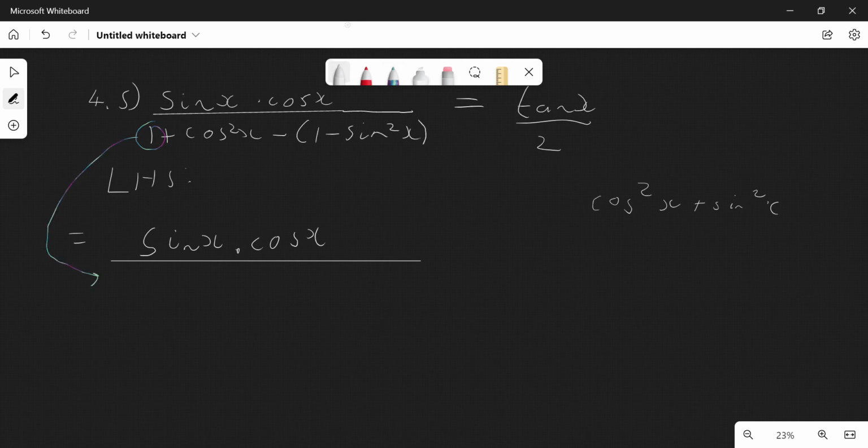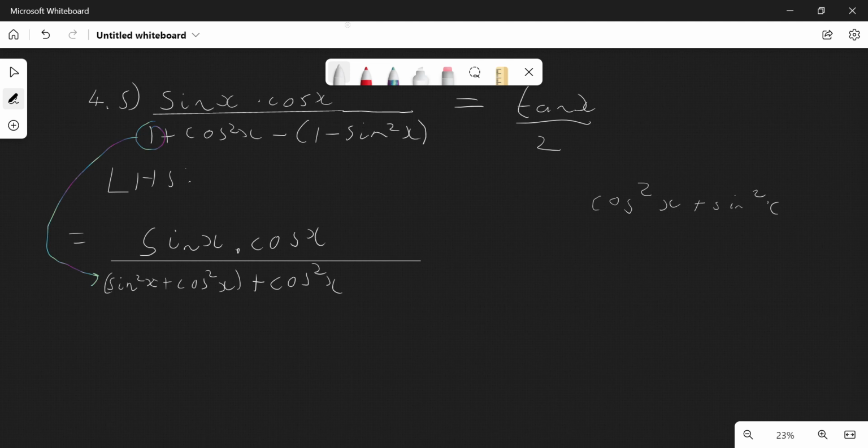So I had sine squared x plus cos squared x. Okay, so that's all one thing there, plus cos squared x.